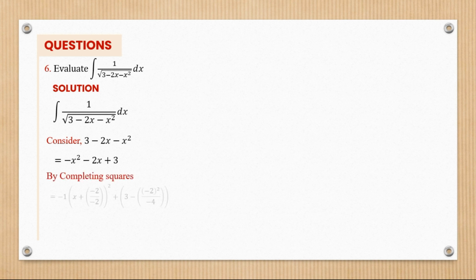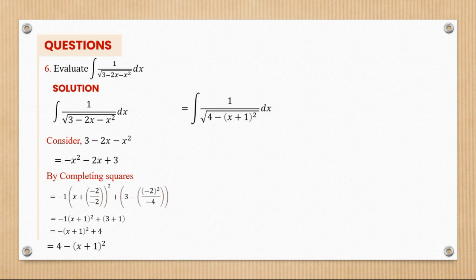By completing the square, this is what we end up having. Then we'll substitute in the values, and we'll have negative 1 into bracket x plus 1 squared plus 3 plus 1, which can be rearranged as 4 minus bracket x plus 1 squared. Now that we have this, we can substitute it back in. We can clearly see that this requires sine substitution. So we can actually factorize out the 4.